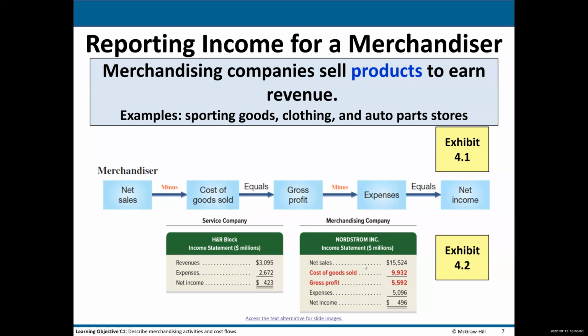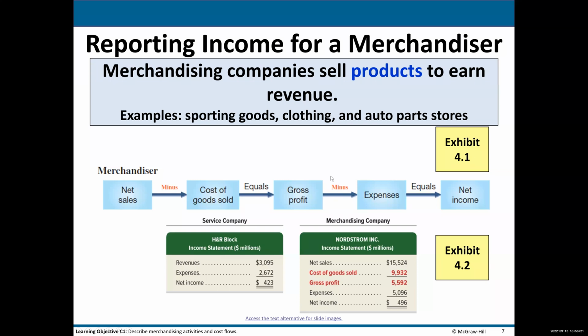So again, net sales, that's what we received or earned from our customers. And this is what the inventory that we sacrificed cost us, right? So we earned a gross profit of $5,592, but we have to include other expenses as well, like the rent and the wages and things like that to get our net income.